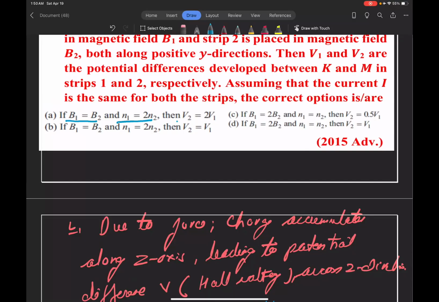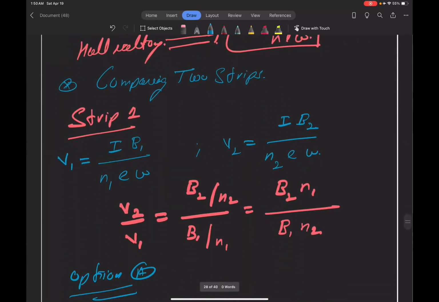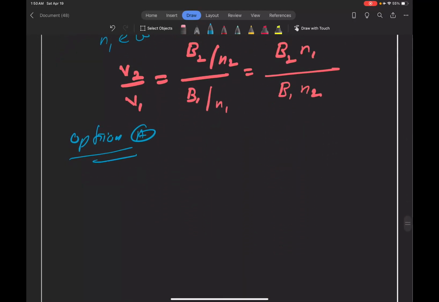Then we have to find out what will be the relationship between V2 and V1. So option A says that B1 is equal to B2, and it states that N1 is equal to twice N2.